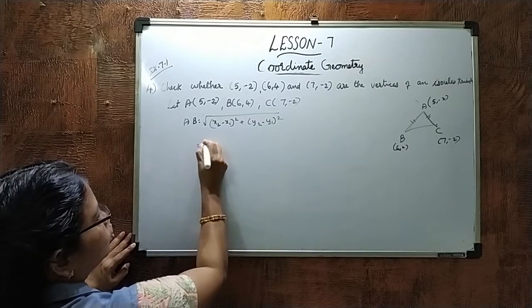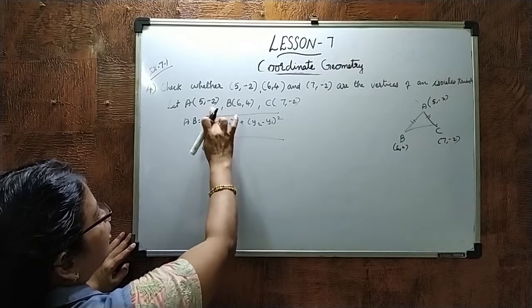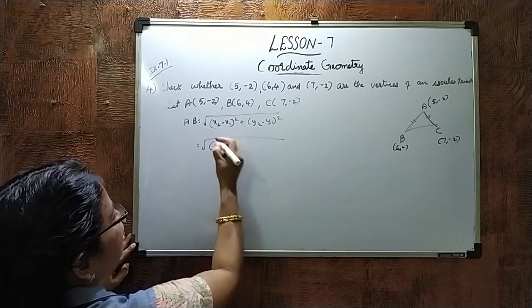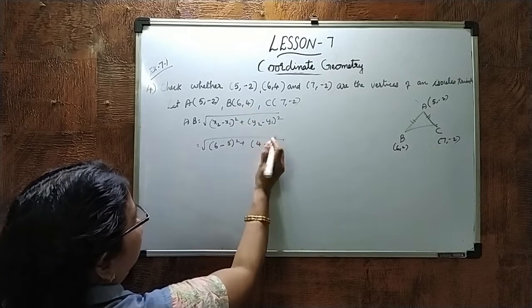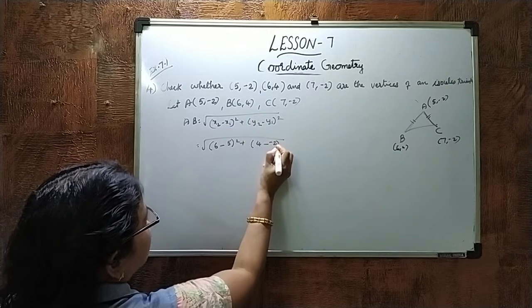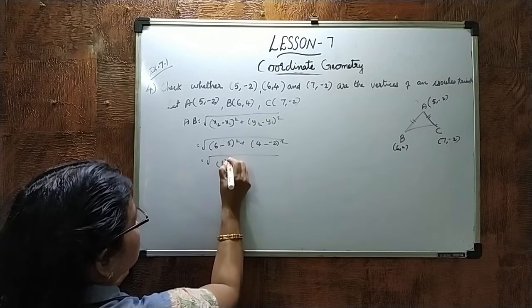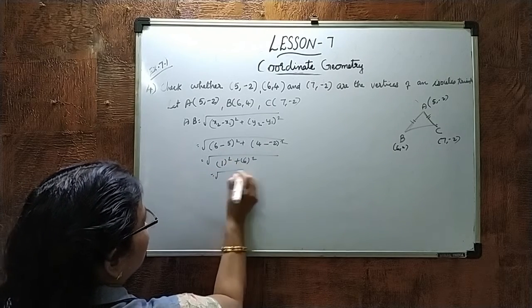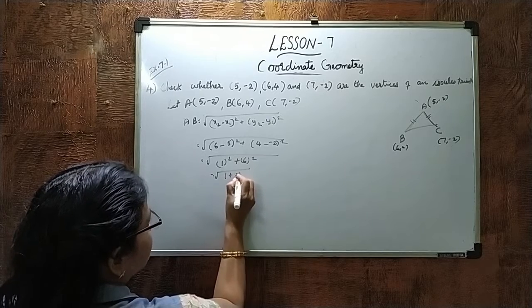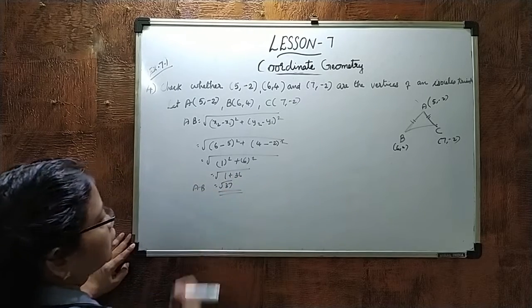Now next one, then AB is here x2, y2, x1, y1. So it will be root of (6 minus 5) the whole square plus (y2 is 4, minus y1 is negative 2) the whole square. It will be root of (6 minus 5 is 1) square plus (4 plus 2, 6) square. You will get the answer root of 1 plus 36, root 37. Okay, AB equals root 37.